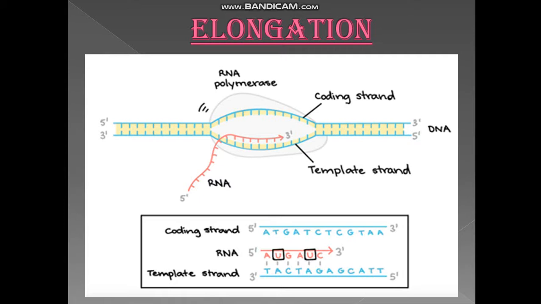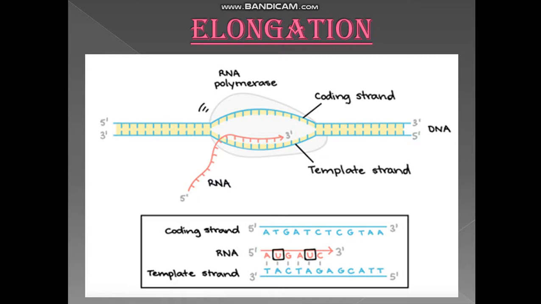The rate at which RNA polymerase functions is 40 nucleotides per second. So it's a very fast rate, and that is at 37 degrees centigrade. Okay, and what happens after that? The transcribed region of the antisense strand reassociates with the sense strand to form the double helix again, so that it unzips and again it zips and binds with each other.